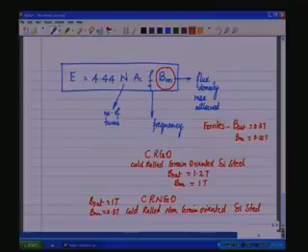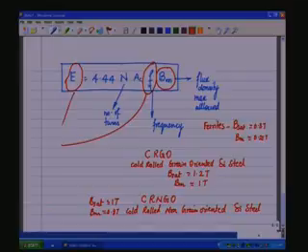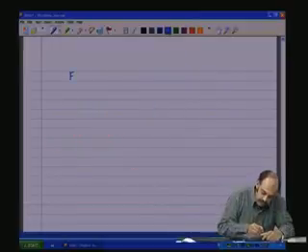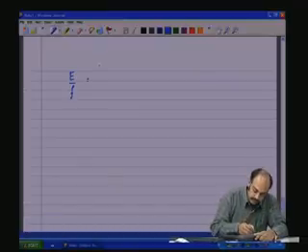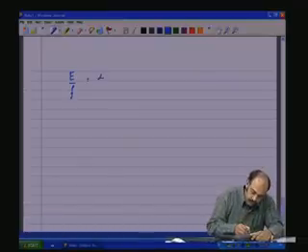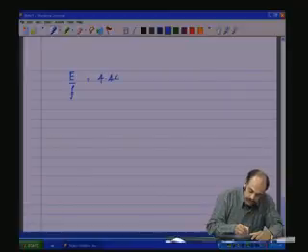Now, look at a slightly different formulation of the equation, with this and this brought together on one side. In that case, we have E by F equal to 4.44 N AC Bm.